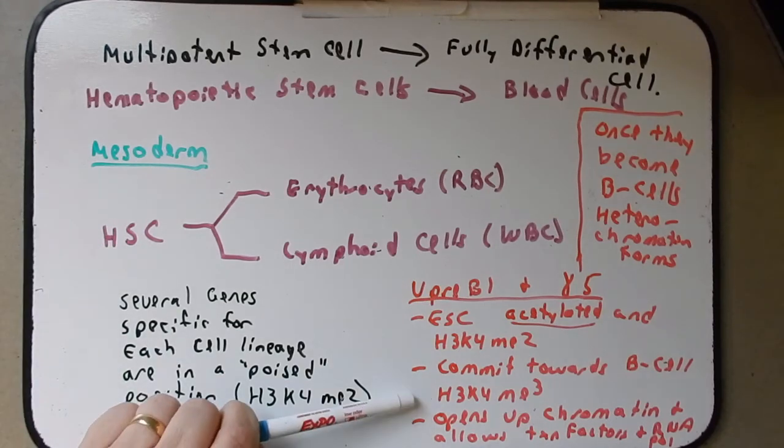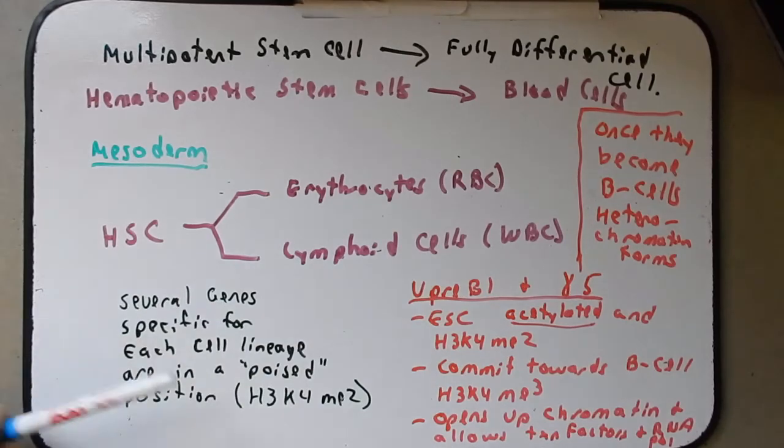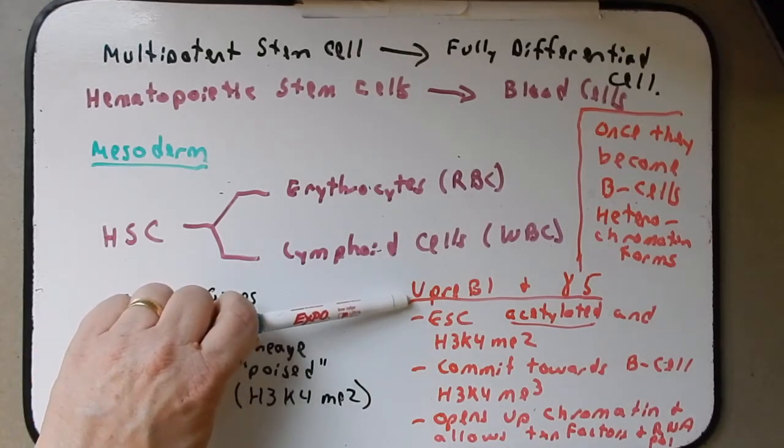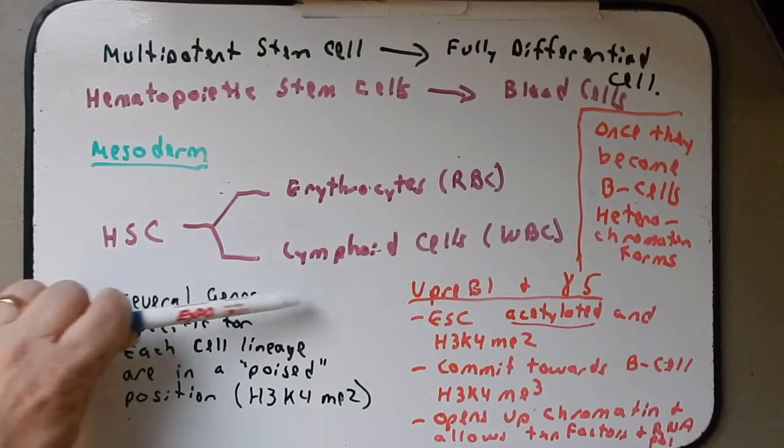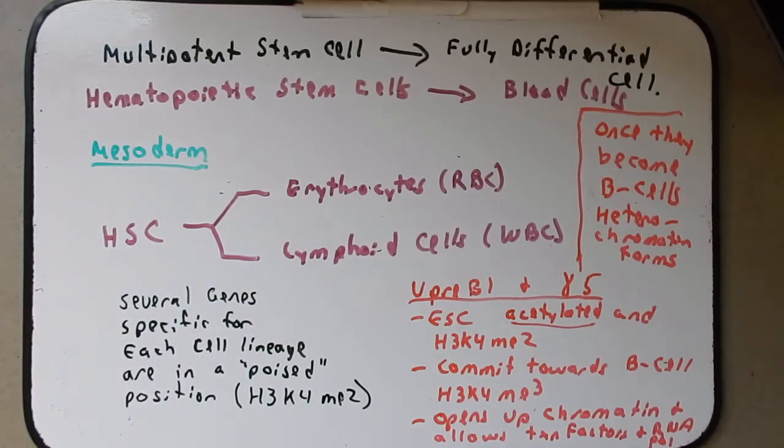They leave the poised state and enter the active transcription state and turn these genes on. When they turn these genes on, these transcription factors will then activate genes that are necessary to convert these stem cells into B cells. Once the B cell is formed, remember there's no going back, so we wrap these genes up in heterochromatin so they can't be expressed.